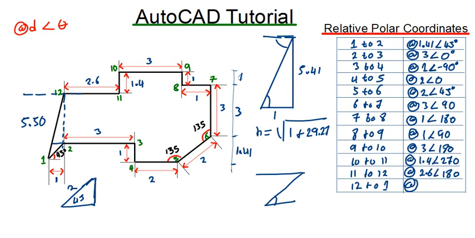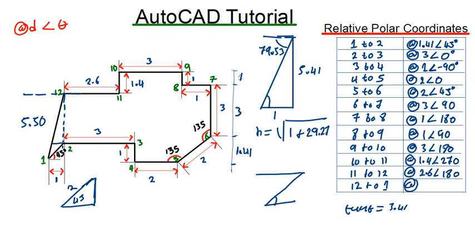So what I can do is use tan theta. Tan theta is equal to 5.41, so that will be 5.41 divided by 1, which is still the same. The angle that I get is 79.53.